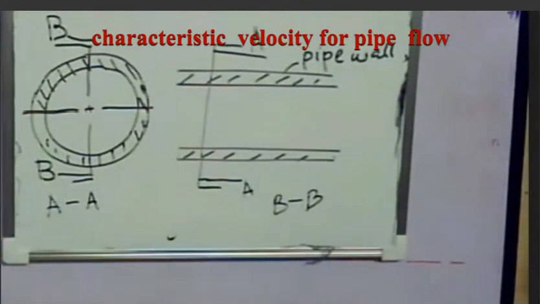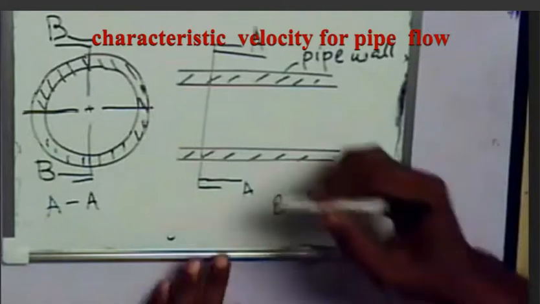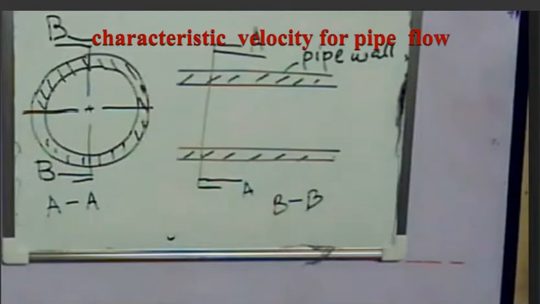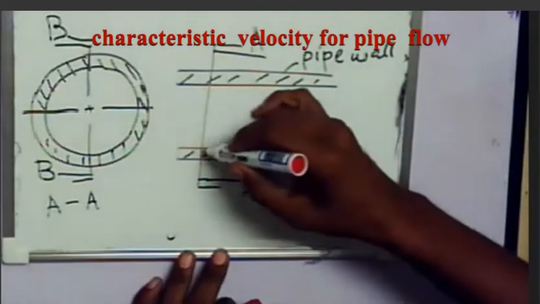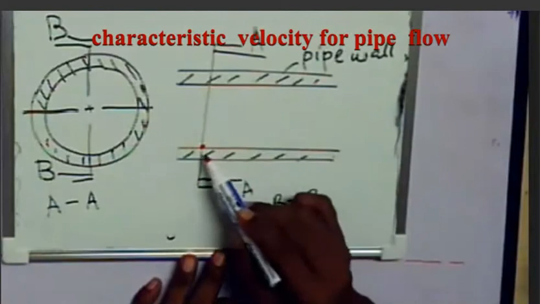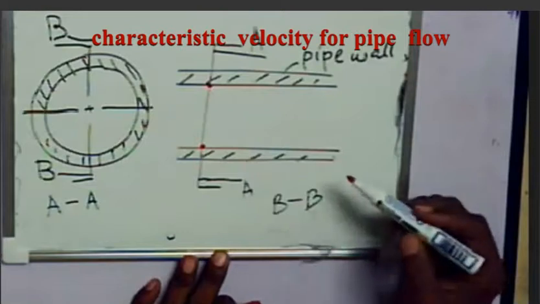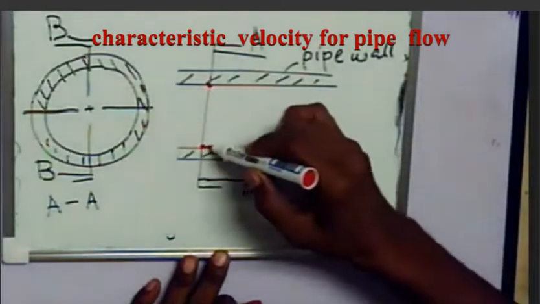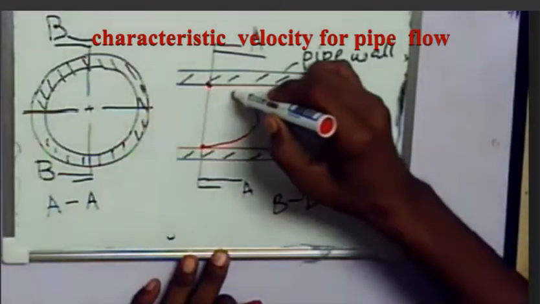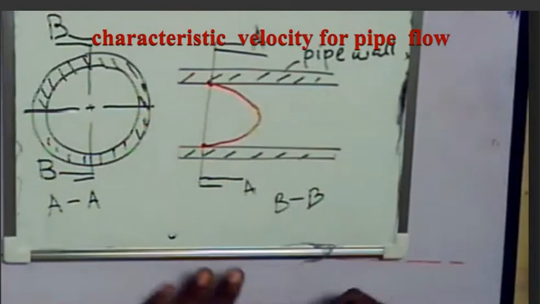And for the actual flow inside here, because there is friction, the velocity profile is 0 at the wall, right? This is for laminar flow, so we have a parabolic velocity distribution.